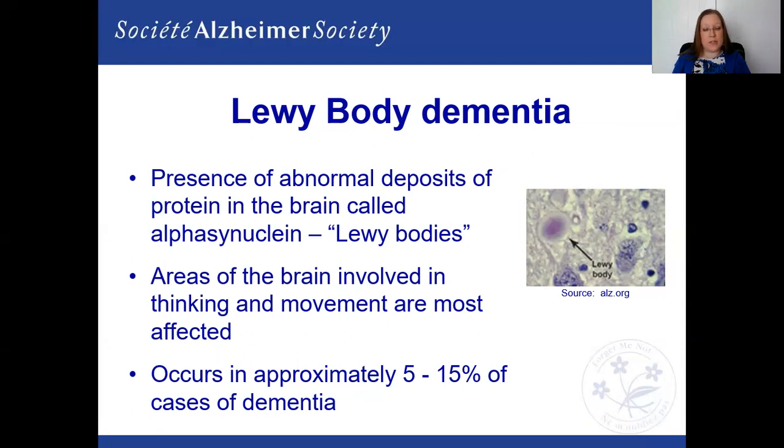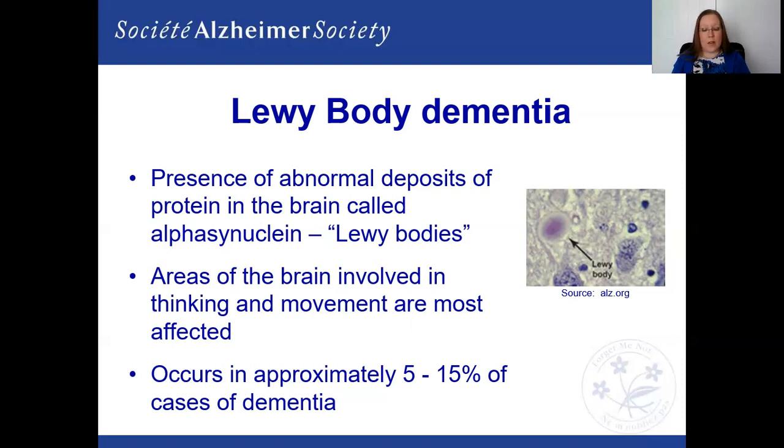And there are two different ways in which Lewy body dementia is classified. When cognitive symptoms appear first, so when the indication is that the Lewy bodies are present in the part of the brain that's responsible for thinking and cognition, then the term dementia with Lewy bodies or Lewy body dementia is used. That's that classification.